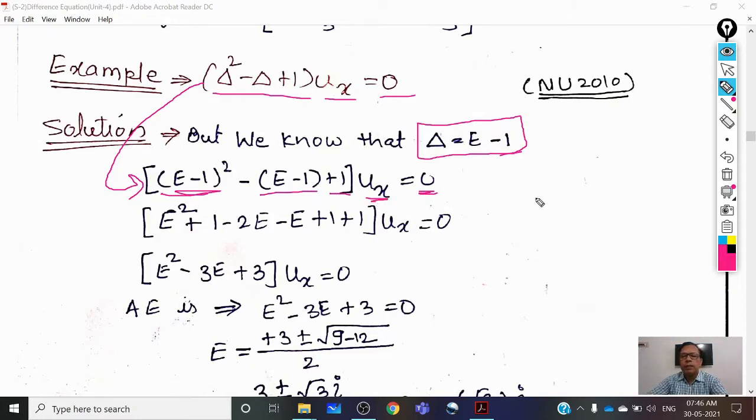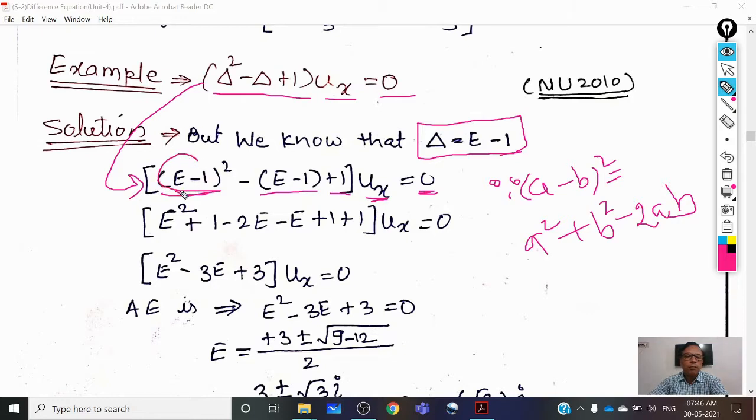On simplifying, by using the formula (a − b)² is equal to a² + b² − 2ab, this (E − 1)² becomes E² + 1 − 2E, and minus E plus 1 plus 1, into u_x equal to 0.